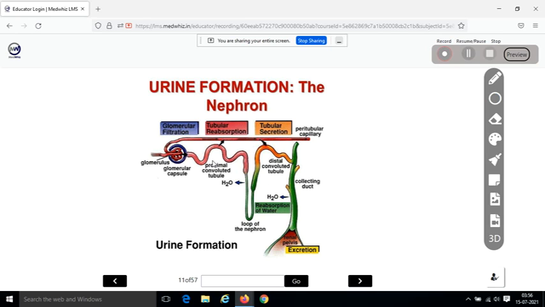Inulin concentration itself rises owing to water reabsorption by the proximal tubule. Of the various solutes reabsorbed in the proximal tubule, most relevant to diuretic action are sodium bicarbonate and sodium chloride.